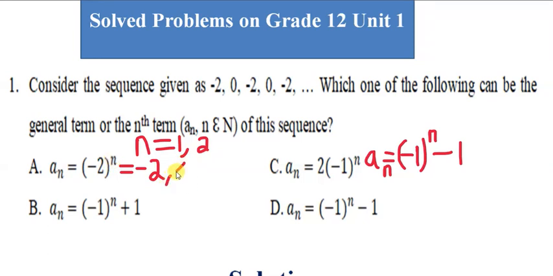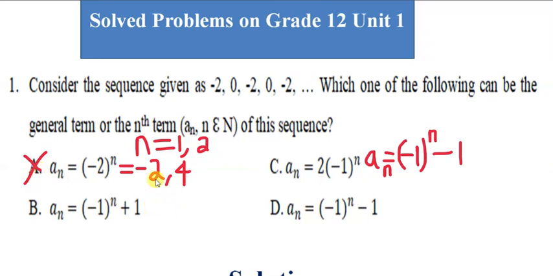The first term coincides with the first term of the given sequence, which is right, but the second term is not 0. It gives us 4, and therefore it fails to be the correct general term of this sequence. Put an x on this one.